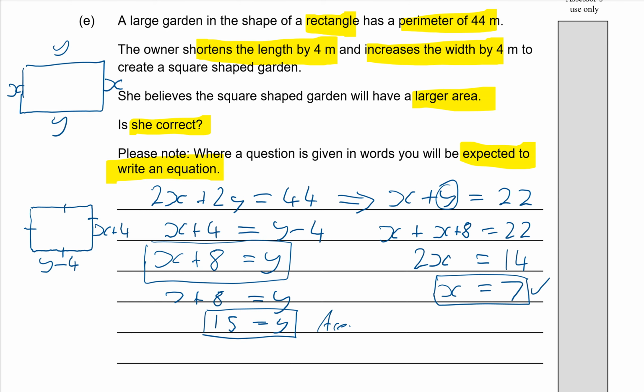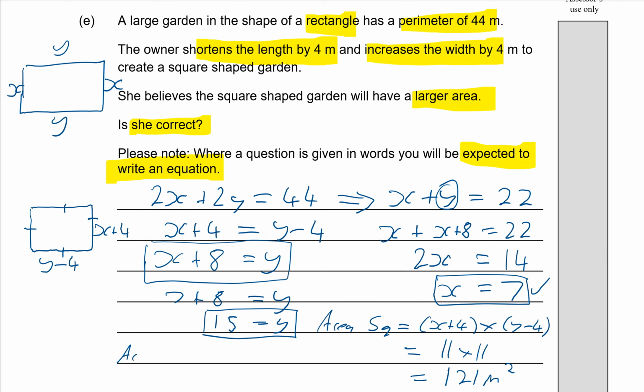The area of the square is x plus 4 times y minus 4, because that's its base and height. x is 7, so I get 11. y minus 4 is 11, which is correct because it's a square, they should be the same. That was substituting in x and y. 11 times 11 is 121 metres squared.